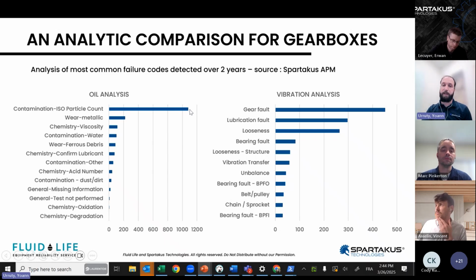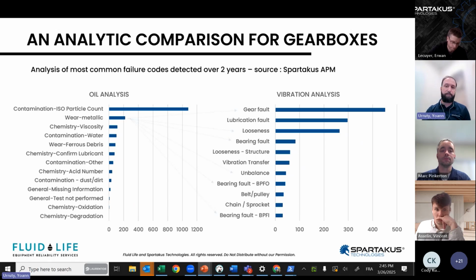With regards to vibration analysis, there's not a direct correlation between contamination or particle contamination and what you're going to observe in vibration analysis, right? Sure, you're going to damage the gears for sure. What might happen is that you can damage bearings on input and output shafts so much that you're going to end up with bearing defects, which can in the end be seen here on the right.